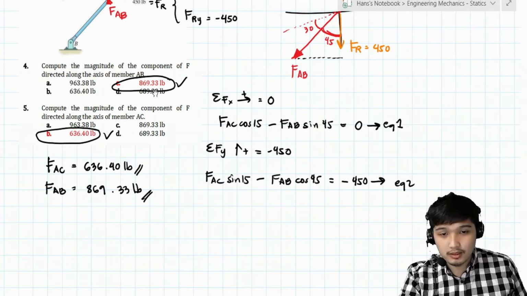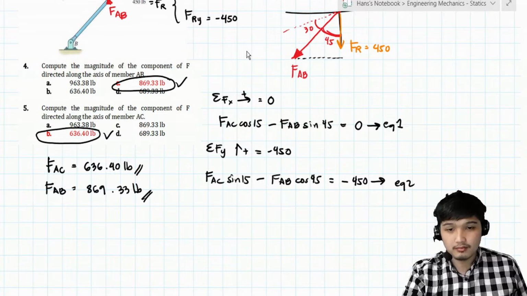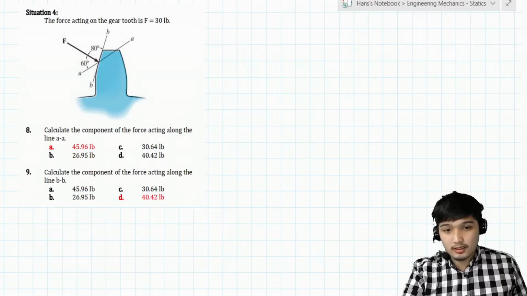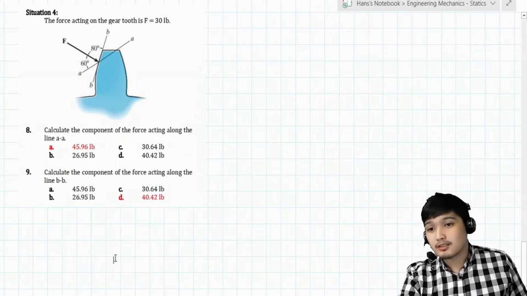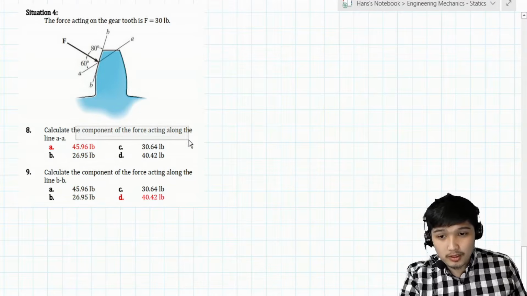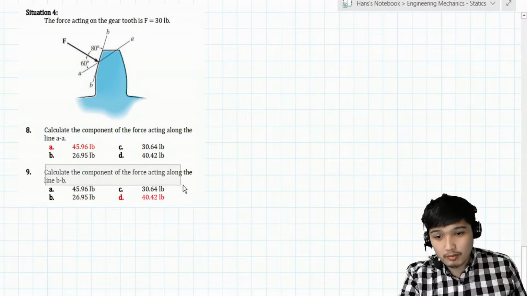Okay? So, kunin ko lang class. Okay. Yan. Situation 4. The force acting on the gear tooth is 30 pounds. So calculate the component of the force acting along line AA and calculate the component of the force acting on the line BB.